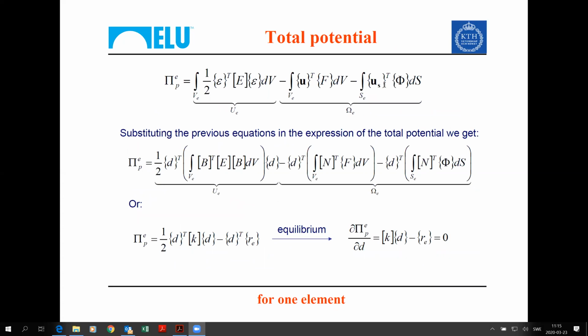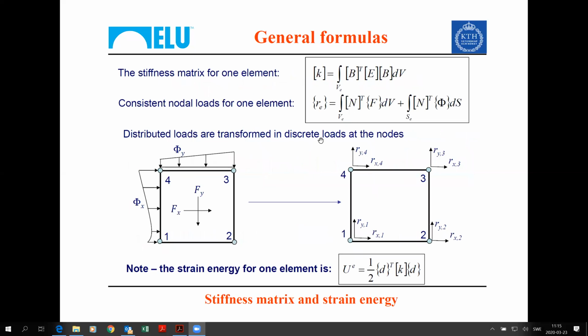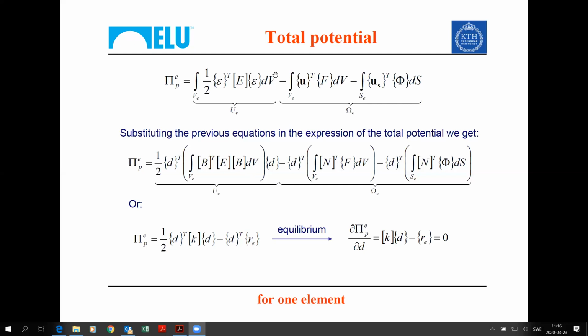No. It is the potential of an external force which is applied over an edge. If you look here, it is the potential of the external forces which is applied over an element edge. Okay, I understand. This is internal forces. This is the potential of external forces. Okay. Other questions?